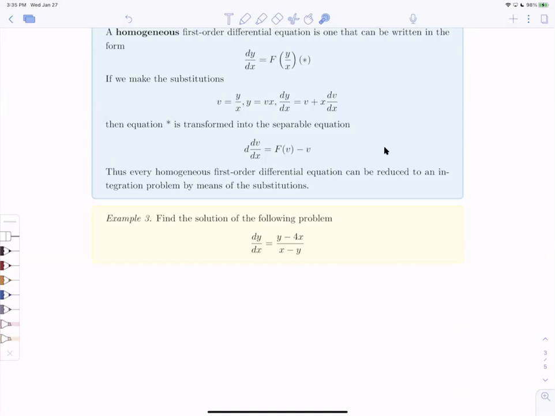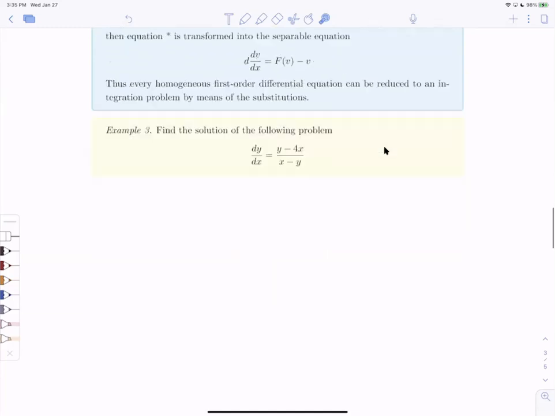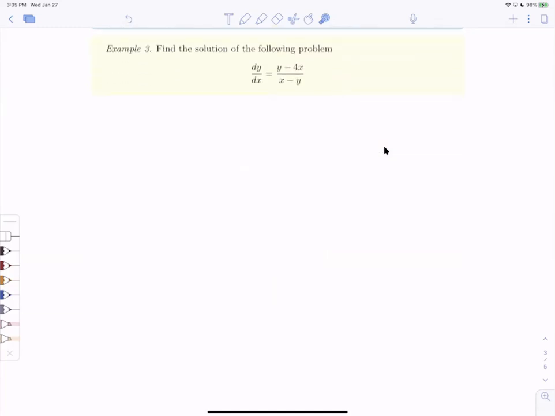So, here is an example. Did you guys talk about this substitution method in the lecture? Or no? No, not yet. Okay, so I'm ahead of your lecture. But did you guys talk about integrating factor though?